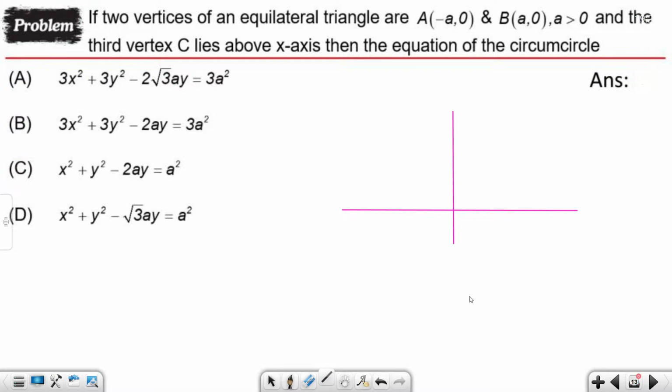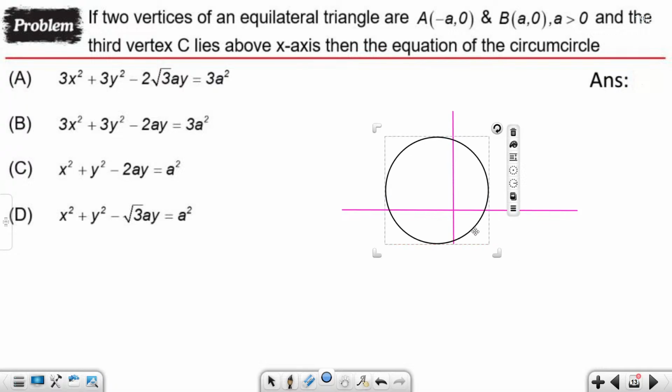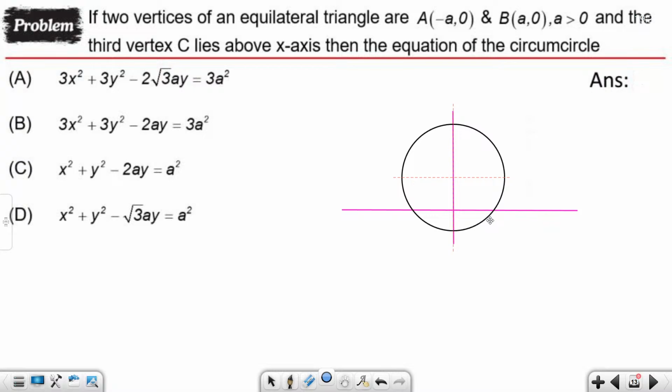There are 2 points, A and B, minus a comma 0 and a comma 0, and the third vertex C lies above the x-axis. Find the equation of the circumcircle. Okay, so let me just draw the circle first. Let me say this is the given circle.